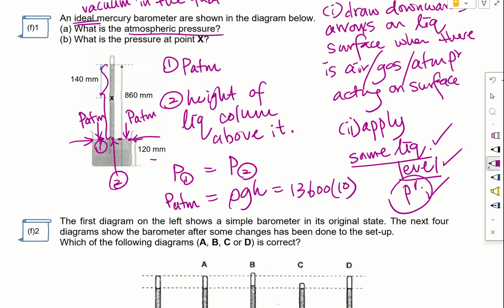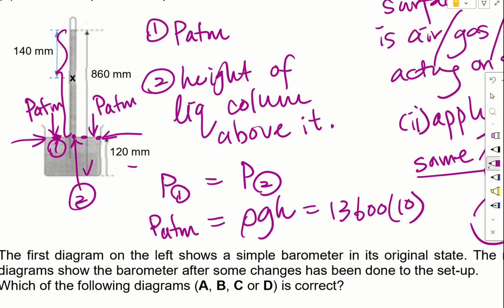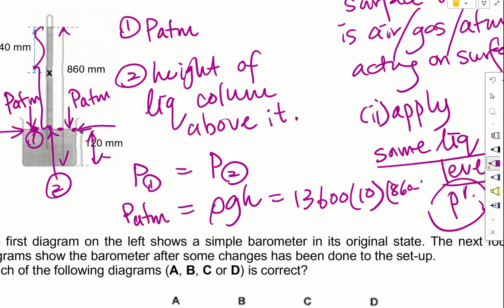g is 10, the height is 860, because it is from here to here, minus 120. That is the actual height. So it will be 860 minus 120. So let me do my calculation.